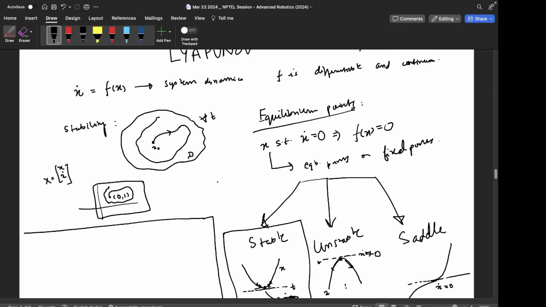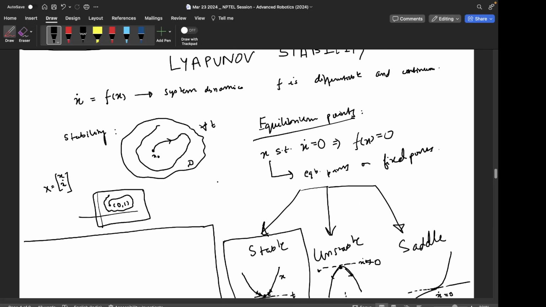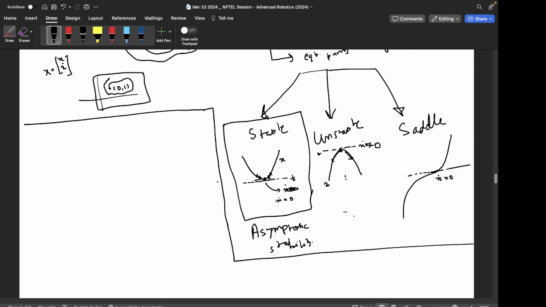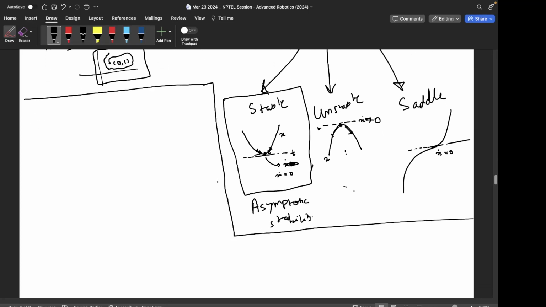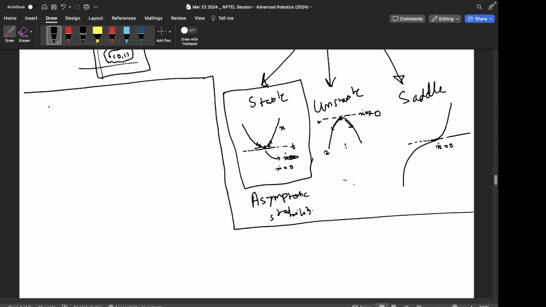So now Lyapunov stability gives us a recipe to find out whether, in a given region, the equilibrium point is stable or unstable or saddle, right? So it says about stability. So let's first write down the criteria. Firstly, whatever we will see is for local stability.